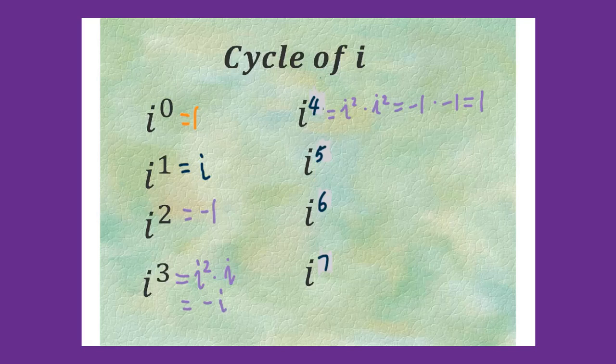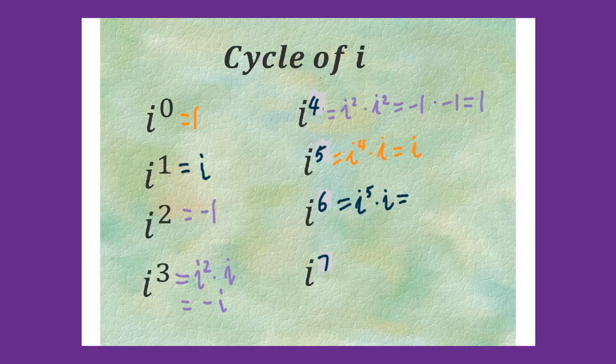i to the 5th power equals, I can write i to the 4th power times i. i to the 4th power is 1. Therefore, you will get i. And i to the 6th power equals i to the 5th power times i.